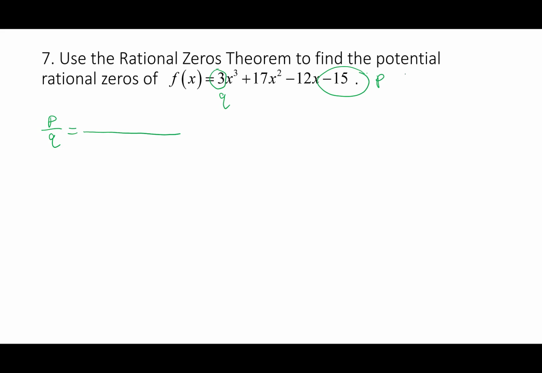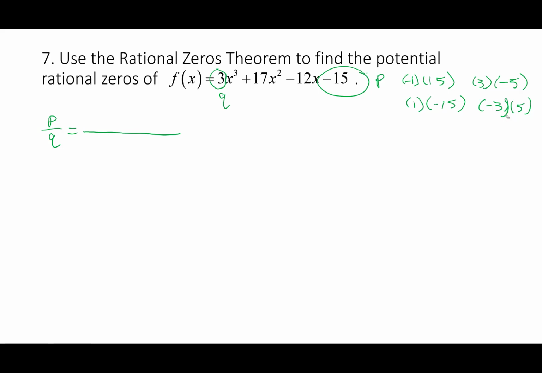For example, if we take -1 times +15, we get -15. If I take +1 times -15, I get -15. If I take 3 times negative 5, I get -15, or negative 3 times positive 5, I get -15.